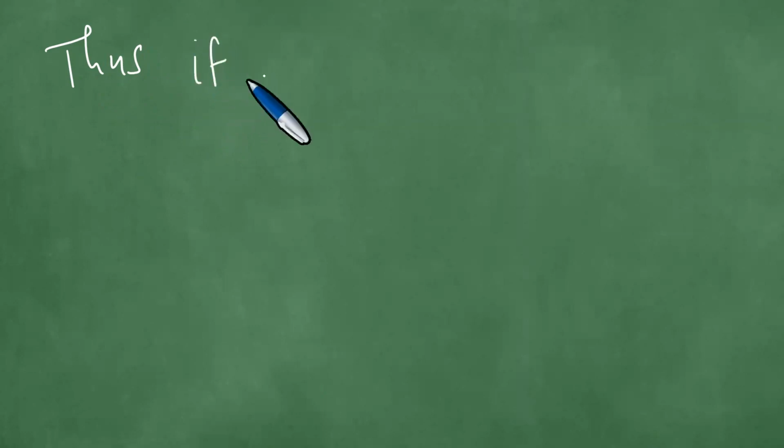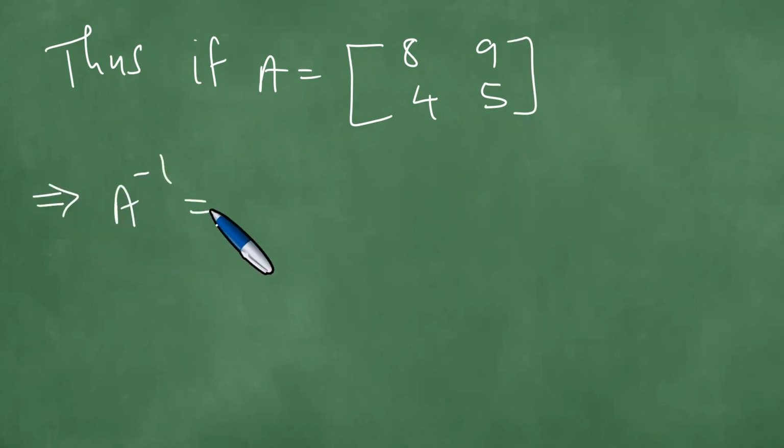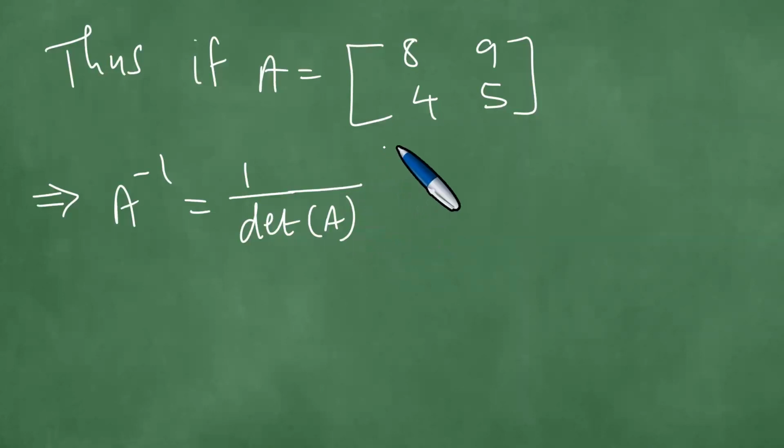If the matrix A has already been seen to be 8, 9, 4, 5, this means, therefore, that the inverse of this matrix is 1 over the determinant of A into, you interchange these two, and you put the 5 here and the 8 here, and this is minus 9, minus 4.